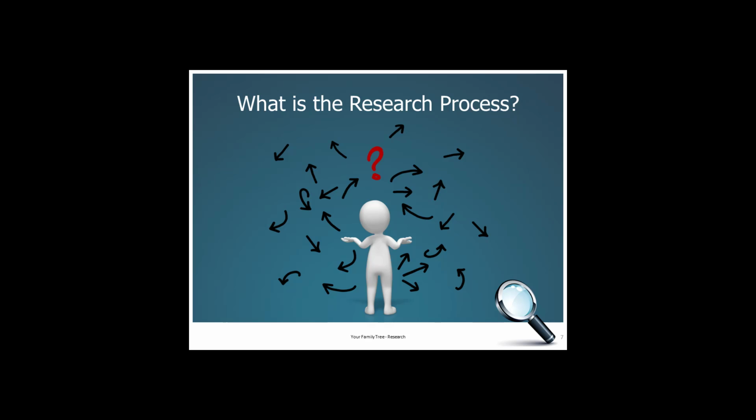What is the research process? The definition of research is the systematic investigation into and study of materials and sources in order to establish facts and reach new conclusions. The research process is to investigate, study, inquire into, look into, probe, explore, analyze, and review the information that you found.